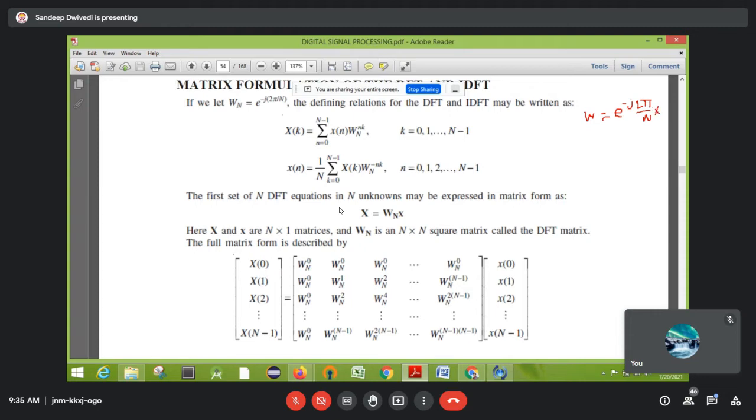For the first element kn is 0, so here you need to write 0. So this will be e raised to power 0, and that will be 1. So in the first row and the first column, all the values will be 1 1 1.